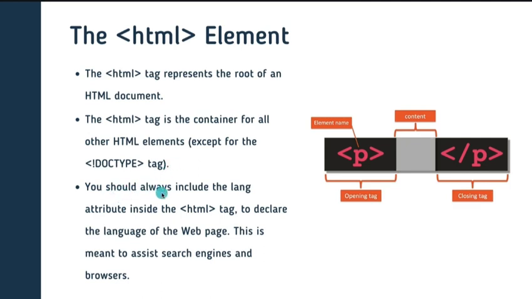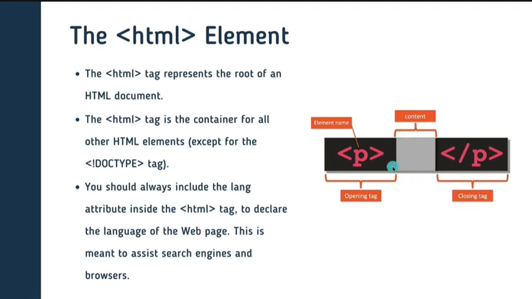And you should always include the lang attribute inside the HTML tag, and that declares the language of the web page, and it is usually helpful for search engines and browsers. So let's just take a look at this example here. The HTML element, though we have a paragraph element here, which is the element's name, so you can have the HTML here in replacement. So it's usually in opening tag and closing tag pairs, and the content is usually in between.